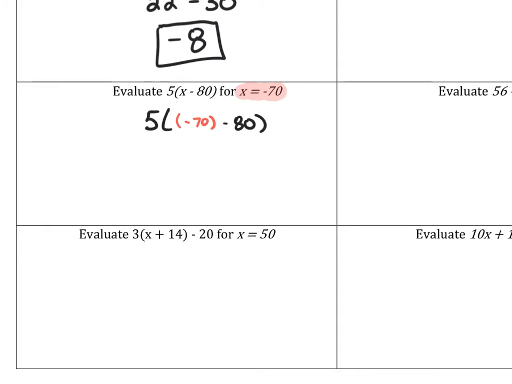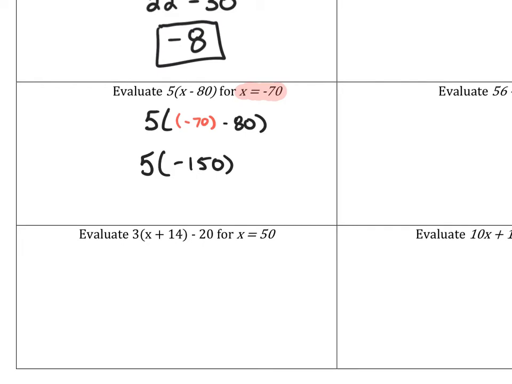Okay? Now, when I do this, there's 2 different ways you can do this. You can distribute, or you could simplify what's in the parentheses first. If you follow PEMDAS, you should do what's in the parentheses first. So that means I will keep this 5 out here, but then negative 70 and negative 80 would make negative 150.